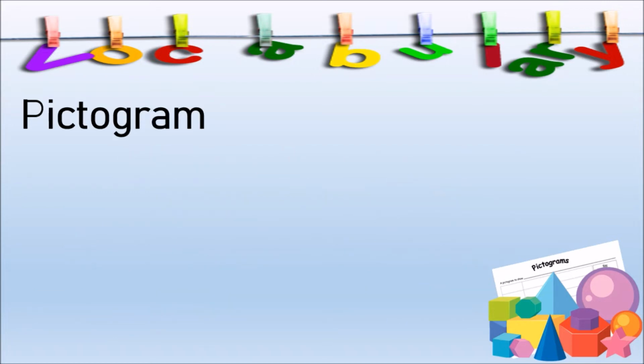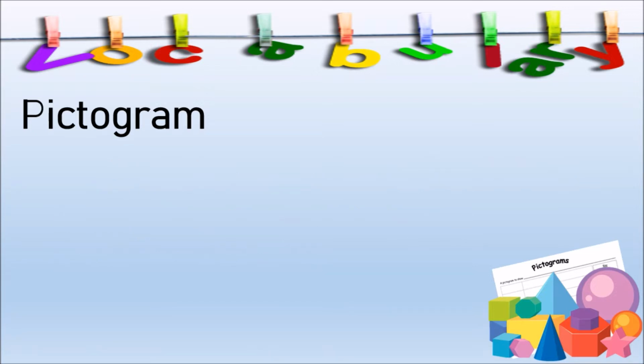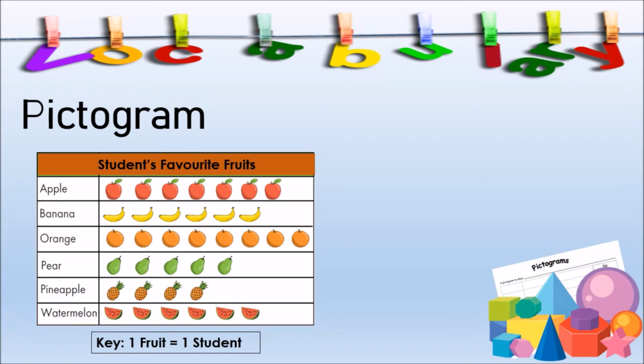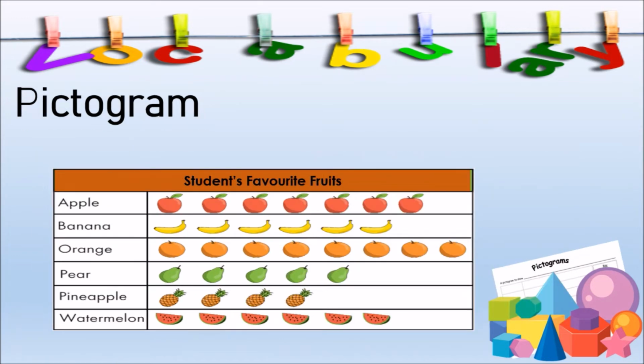Pictogram. A pictogram is a chart that uses pictures or icons to represent data. The data can be presented horizontally or vertically. Here is an example of a pictogram. In this pictogram, it shows students' favorite fruits.